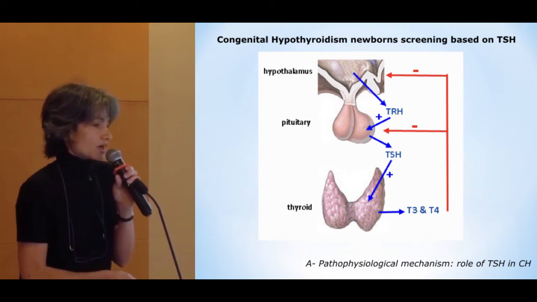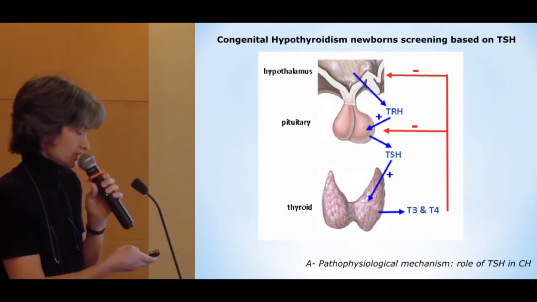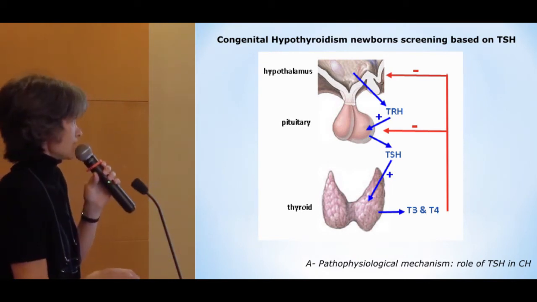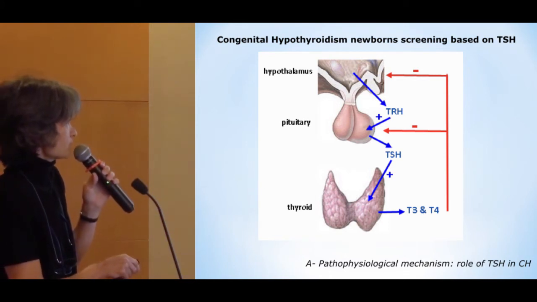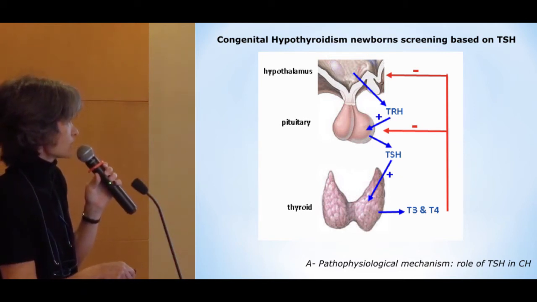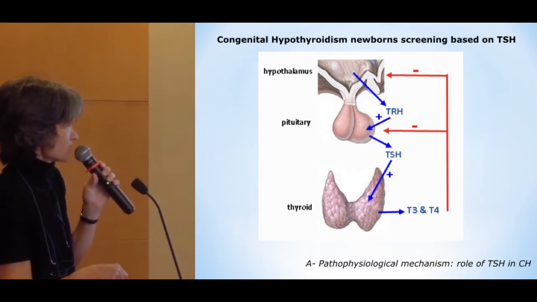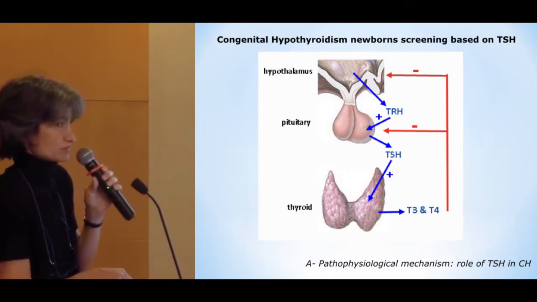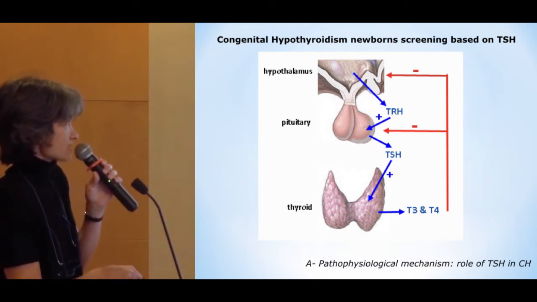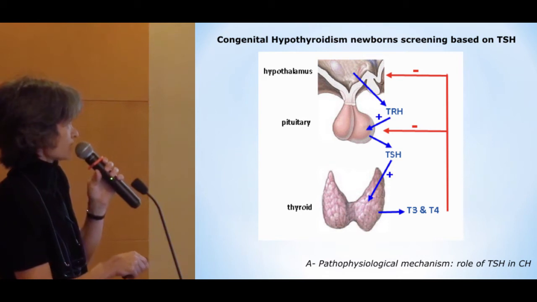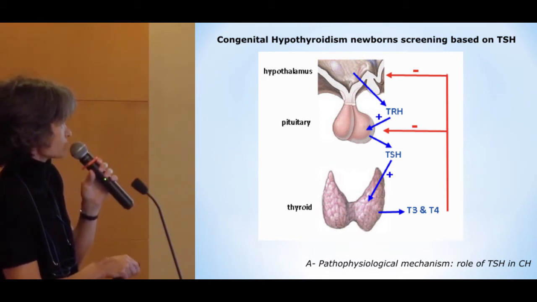Okay, as you know, the TSH is produced by the pituitary upon a stimulus, a hypothalamic stimulus, which is the TRH. And the TSH prompts the thyroid gland to produce thyroid hormones, okay? The thyroid hormones act as a feedback both at the level of the hypothalamus and the pituitary, okay?